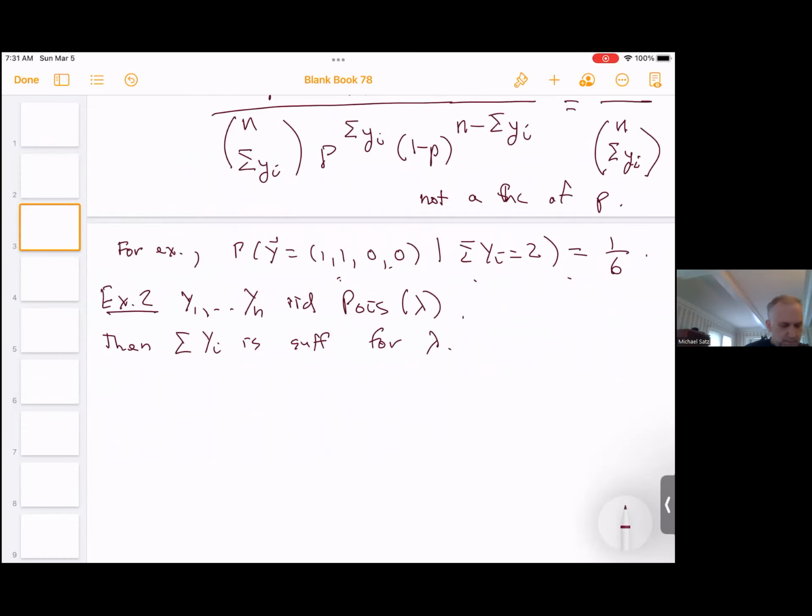Let's show it. Okay, so I'll just fill this in. It's just the product. Put in the PMF, e to the minus lambda.